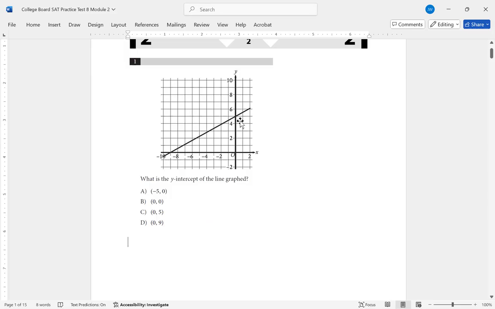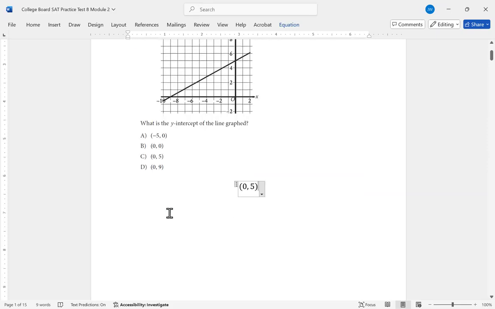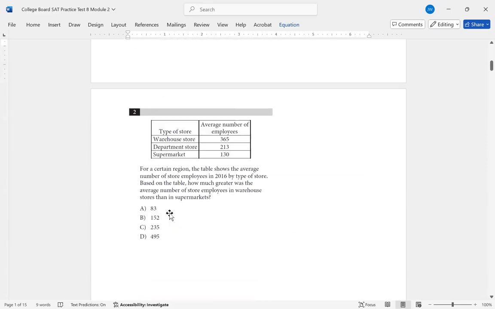And so the answer to question number 1 is the point 0, 5. And you can see that this is option C of multiple choice options. So use option C, 0, 5. That's the y-intercept of the line that's graphed there.